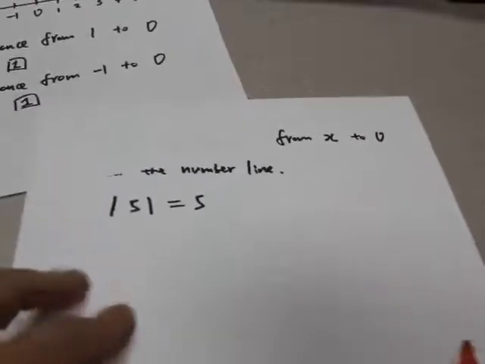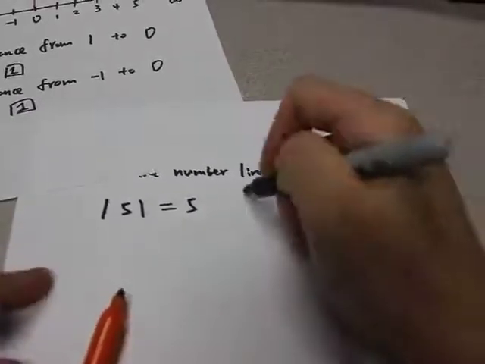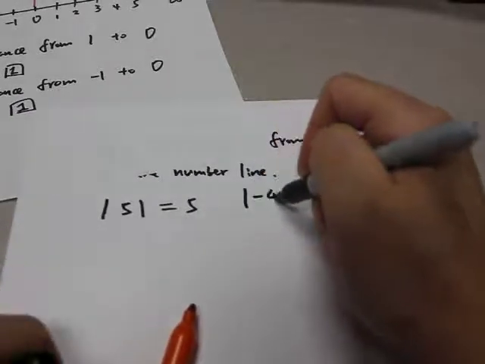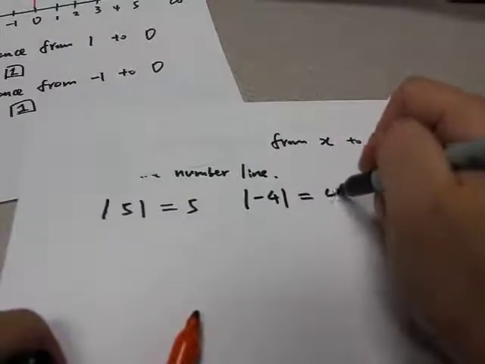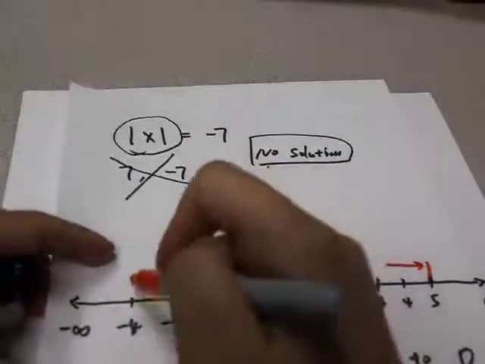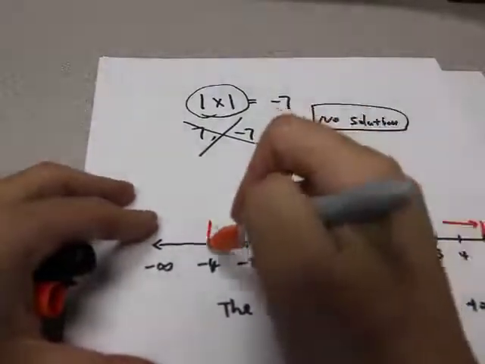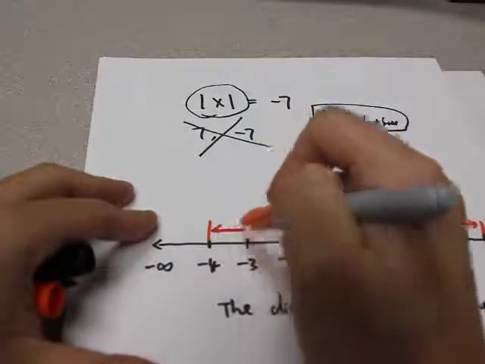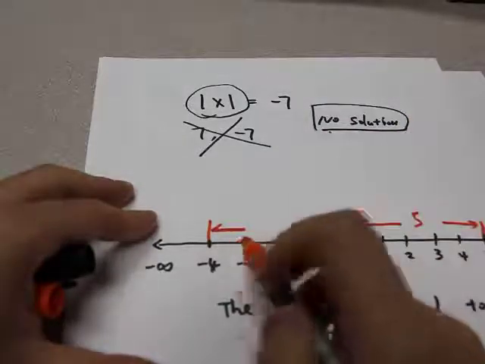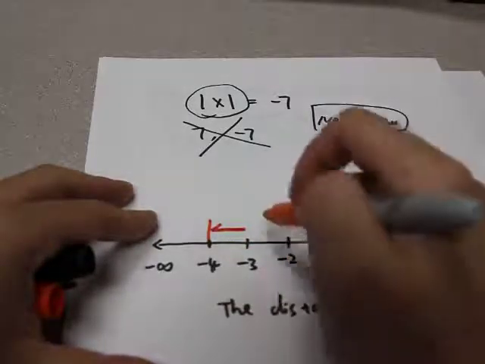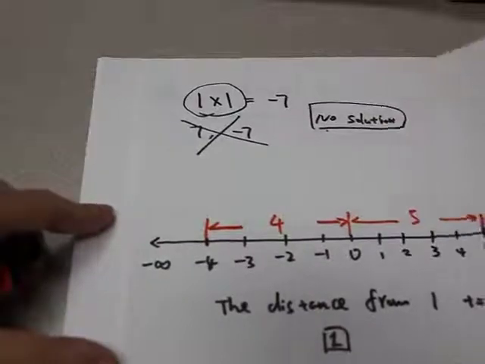And if you consider the absolute value of -4, the answer is 4. When you consider the distance between -4 and 0, so 1, 2, 3, 4, the distance is 4, right?